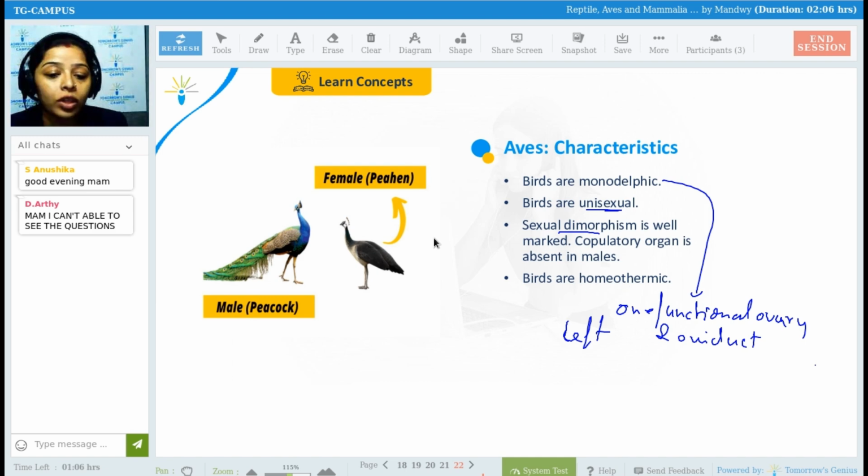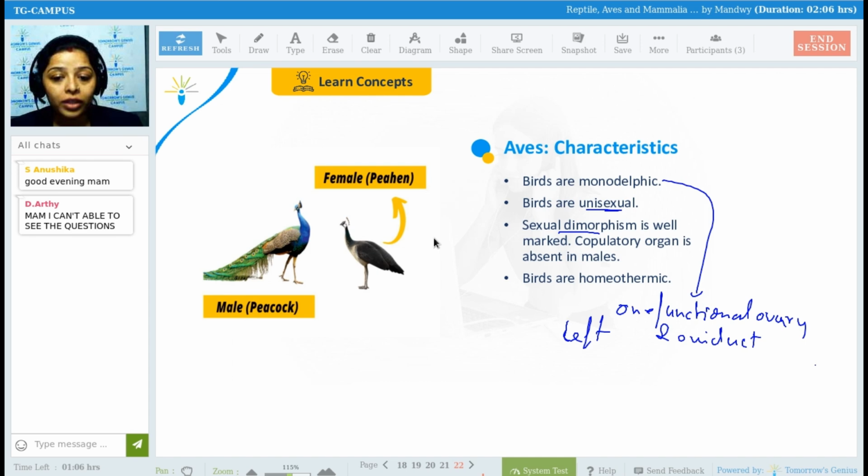Birds are homeothermic. Homeothermic means they can maintain their internal temperature. They are warm-blooded. Why are they warm-blooded? Because they have a four-chambered heart.